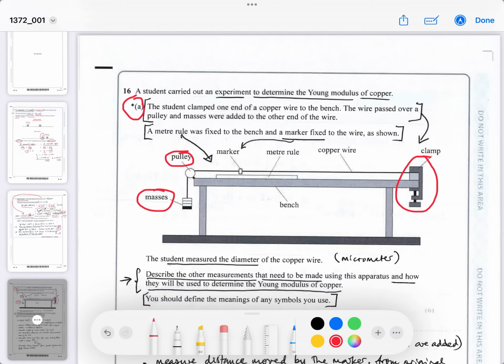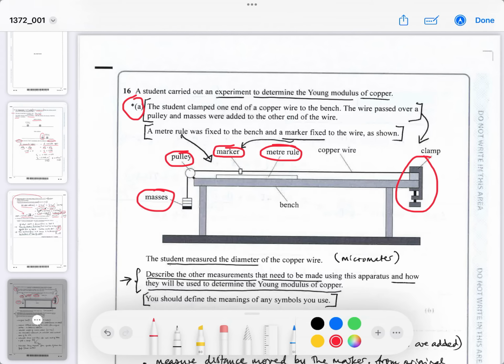Okay, so a meter rule was fixed on the table. So you fix the meter rule on the table so it's not moving, and you put a marker like a piece of tape on the wire, and you're measuring from that marker position.